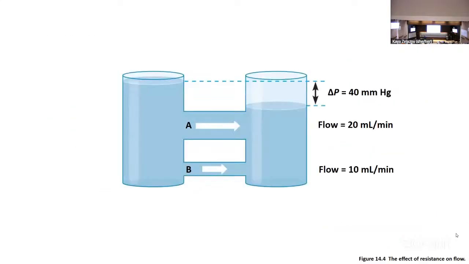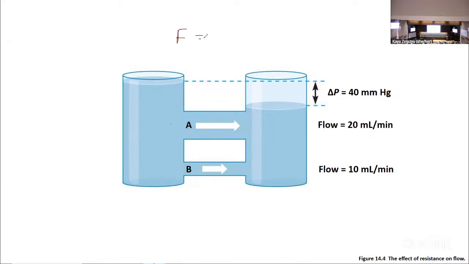Okay, so we can see that in one of these basic diagrams as well. For this diagram, we're going to have the same pressure difference for our tubes A and B, right? So we have the same setup starting with that delta P equal to 40.